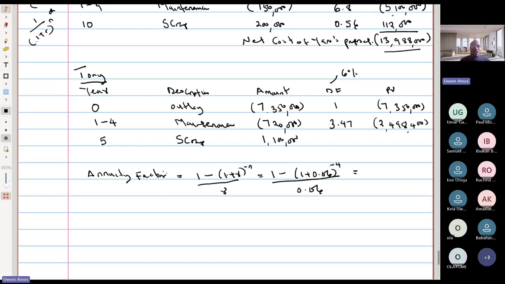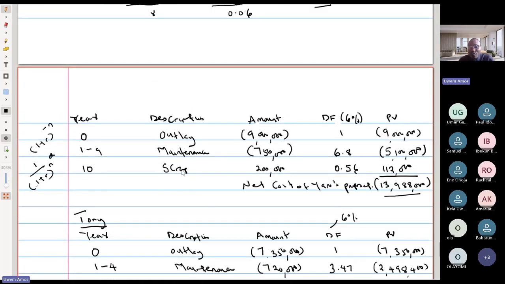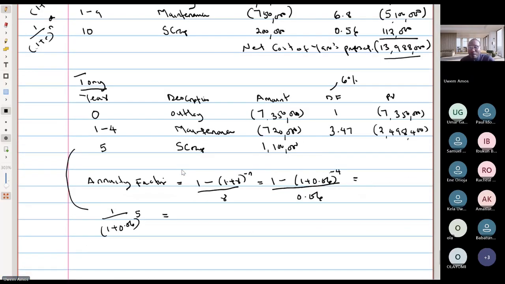In the last year we just calculate the discount factor because it's just for 1 year. So that will be 1 divided by 1 plus r, which is 0.06, raised to the power of 5. My calculator gives me 0.75. So that's a total of 825,000.